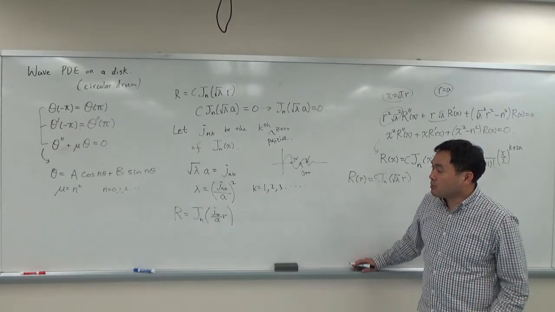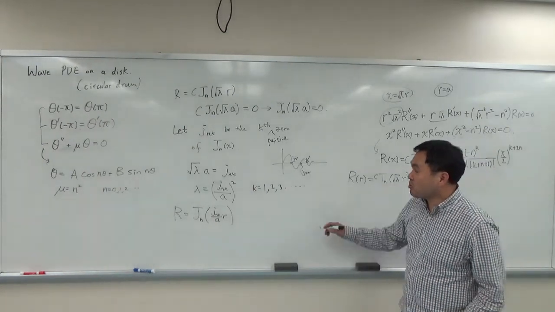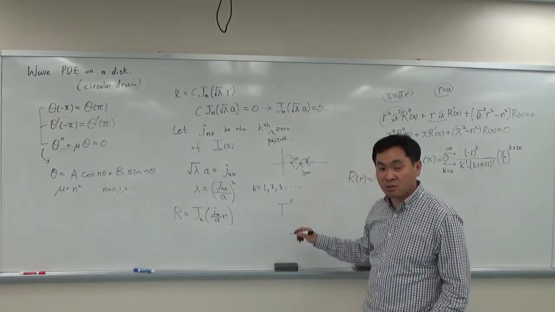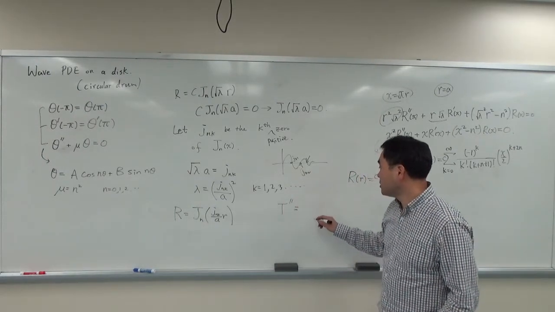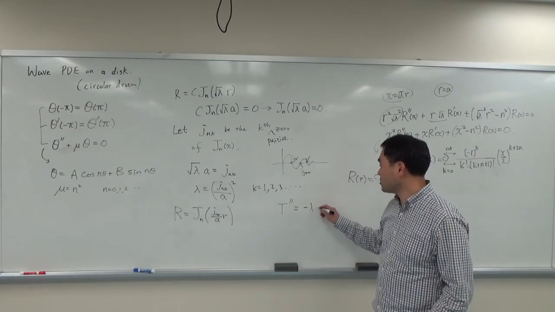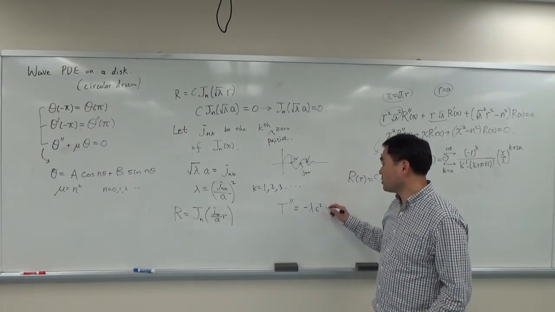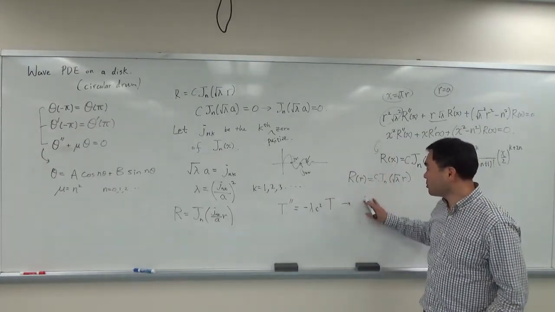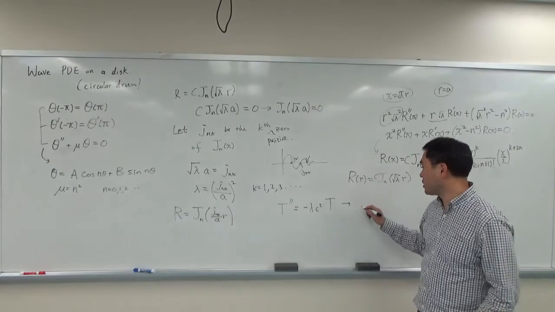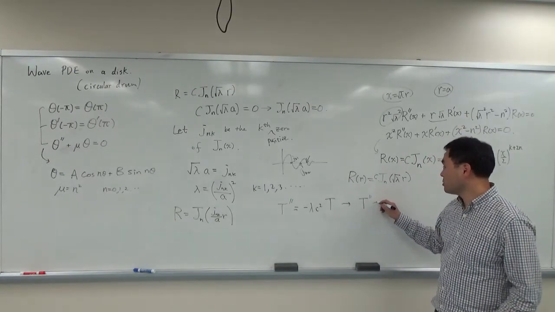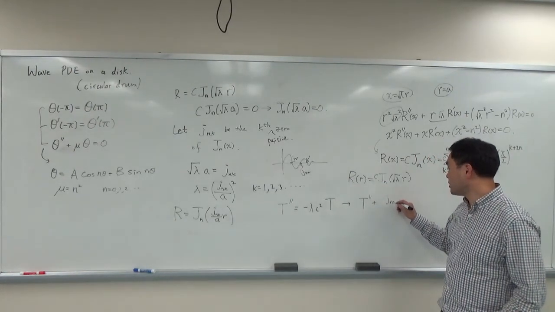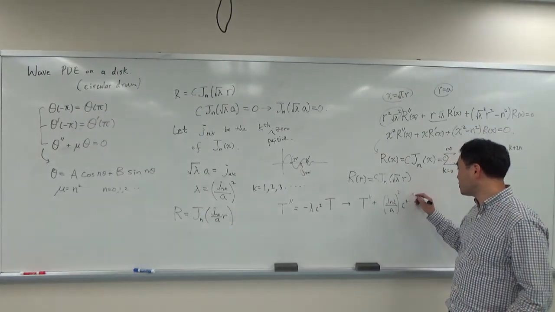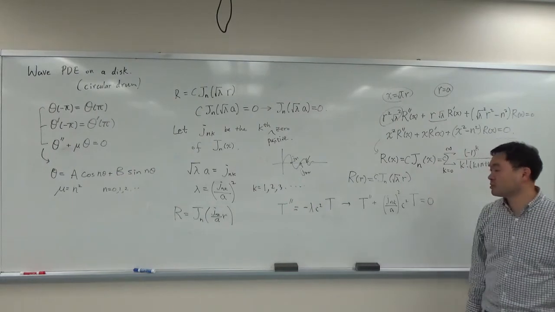And then you go back to the differential equation for T. So what is T double prime equal to? T double prime is negative lambda c squared T, right? So if you move to the other side and you plug that in, you get T double prime plus (Jnk over a) squared c squared T equal to 0.